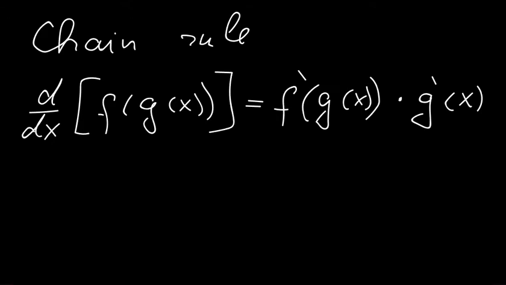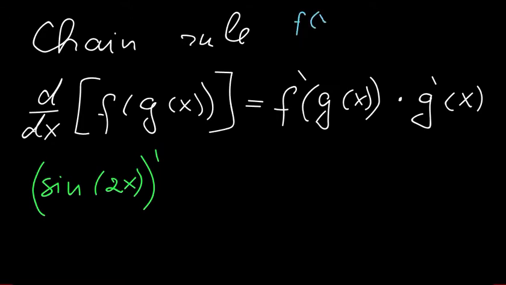So let's say we have sine of 2x, okay? And we want to calculate a derivative of it. So here are two functions, okay? One function is f of x equal to sine of x, and the other function is g of x, and this is 2x, okay?